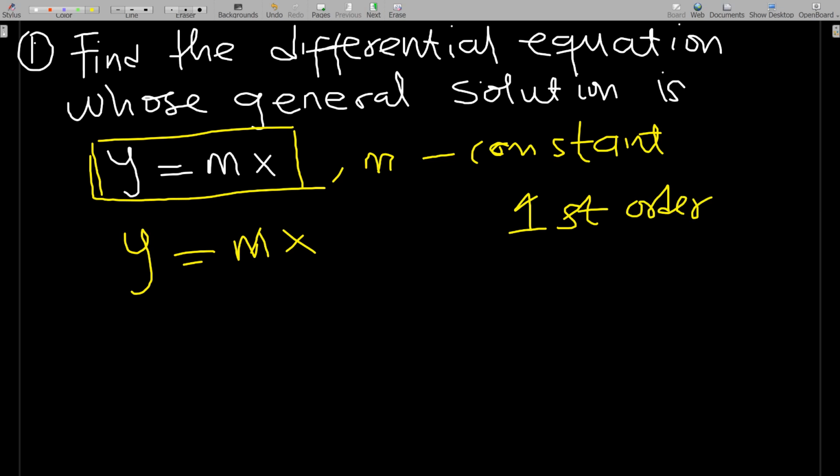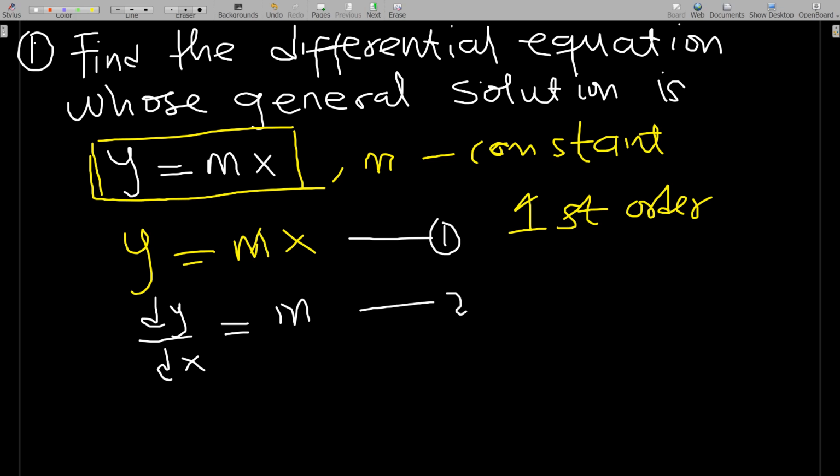That is the first guide you should know. The constant here is just 1. The original general solution, you name it equation 1. Since there is just one constant, you differentiate once: dy/dx, and differentiating this once you get m. Name this equation 2.